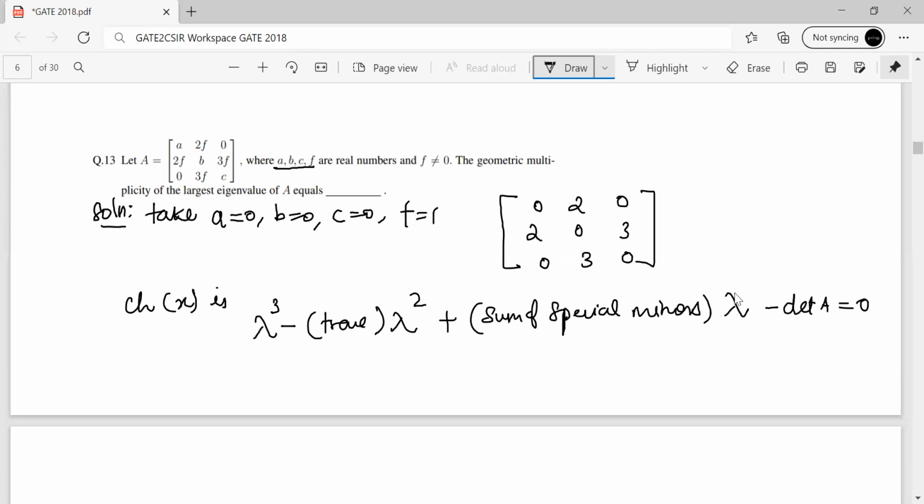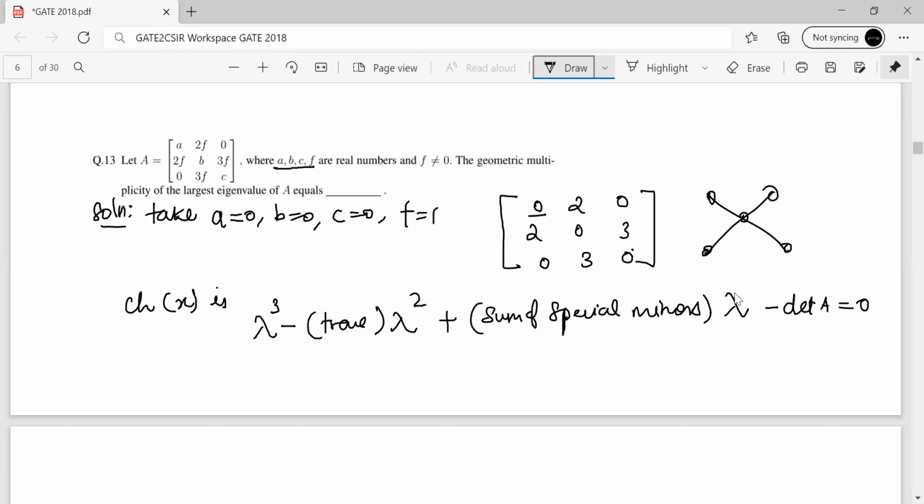And if you notice, the determinant of this matrix will be 0. You can notice even 0 into this quantity, and 2 into 0 will be 0 again, because this is an X matrix. This matrix is also called an X matrix. If all these elements here are 0, then the determinant of this matrix will be 0.